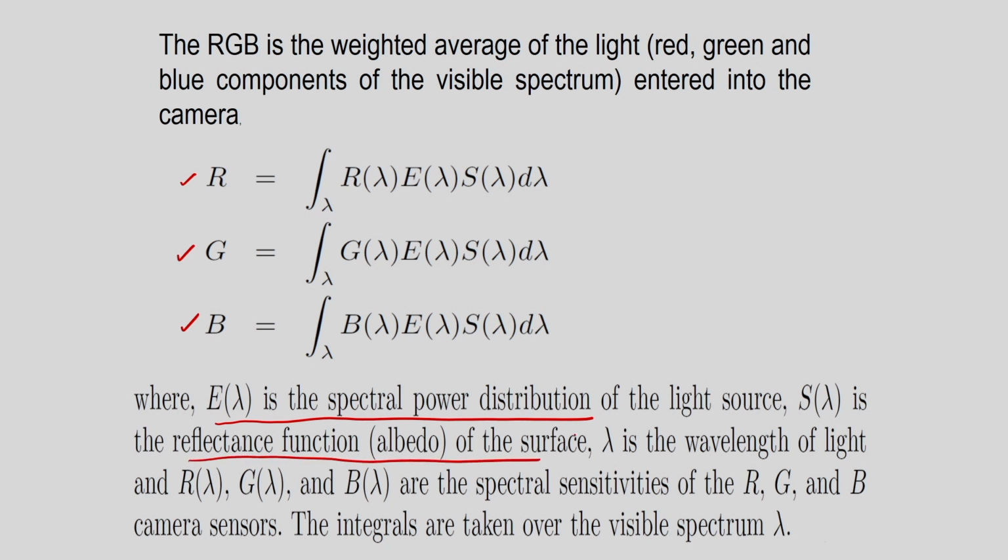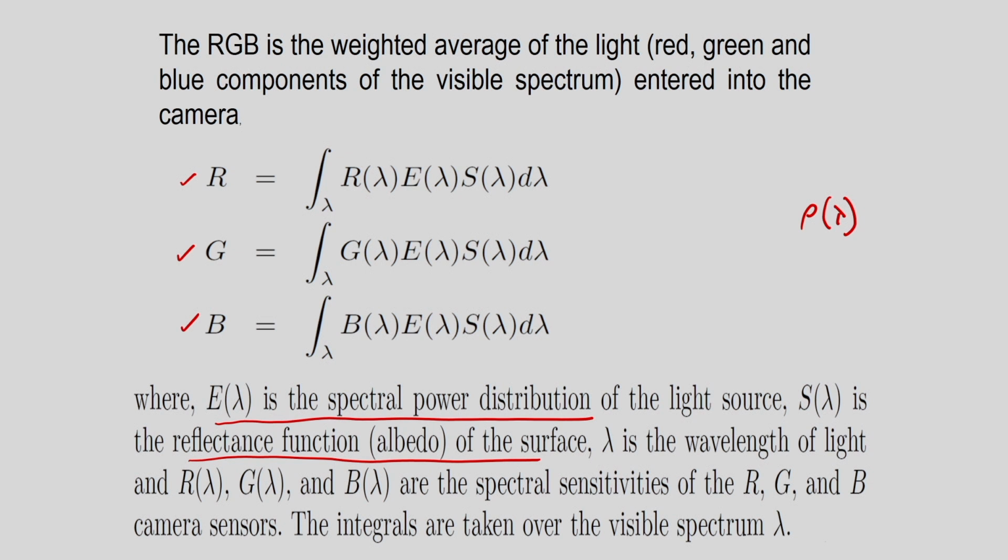Albedo, I discussed in my earlier class, and the symbol is rho lambda, but in this case I am showing the albedo as S lambda, the reflectance function of the surface, where lambda is the wavelength of the light.